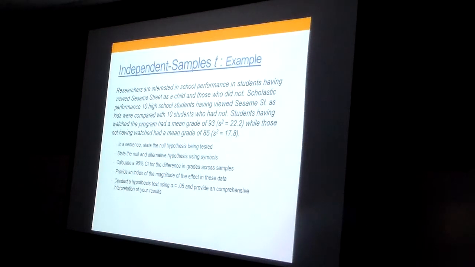Or you could just say, based on a pooled variance estimate, we're seeing about 1.8 standard deviations higher in terms of grades than high schoolers not exposed to educational programming, right?